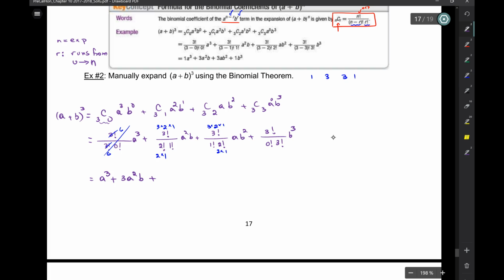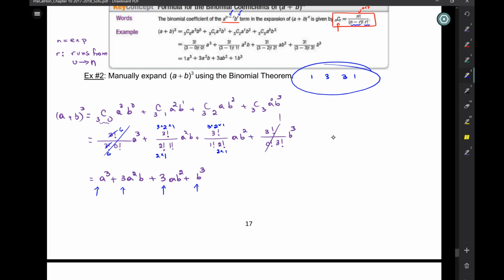So that's just a 3. Plus, what's that? 3 factorial over 3 factorial. That's just a 1. What did we get for the coefficients, guys? 1, 3, 3, 1. Isn't that what we needed? 1, 3, 3, 1. Right? Cool.